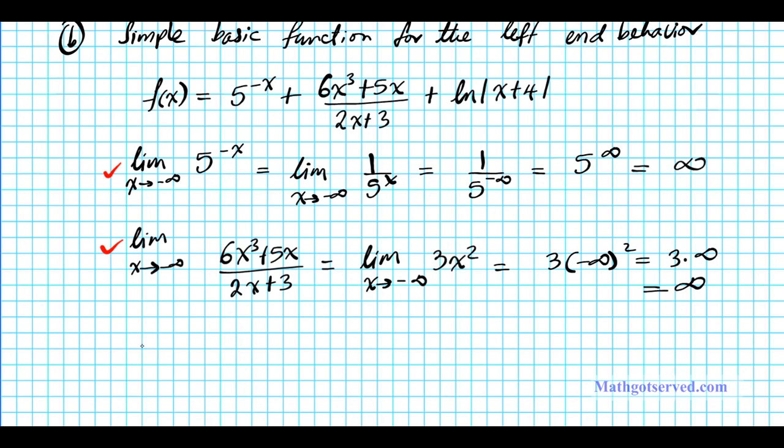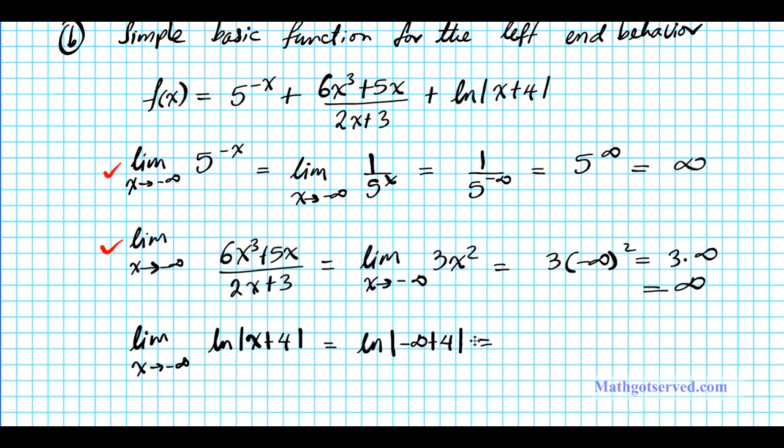Last but not least, we're looking at the limit as x approaches negative infinity of the natural logarithm of the absolute value of x plus 4. We can just substitute here. We have the natural logarithm of the absolute value of negative infinity plus 4.